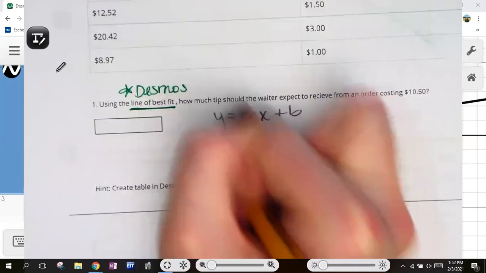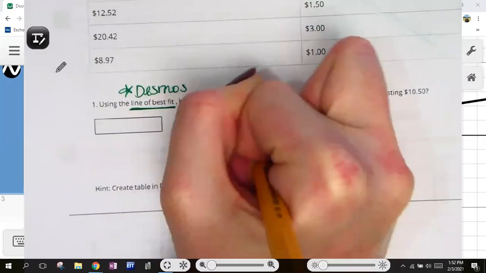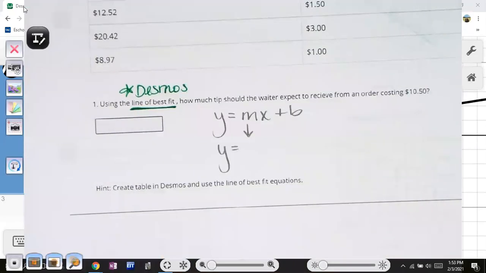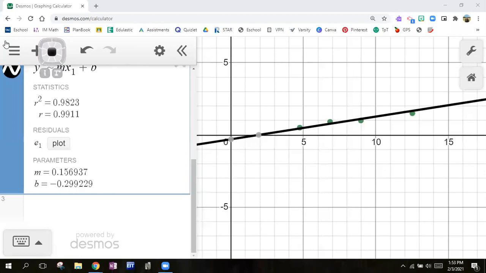So y equals the m value is what? It's kind of hard to see. 0.15. 0.16, you could round it, x.